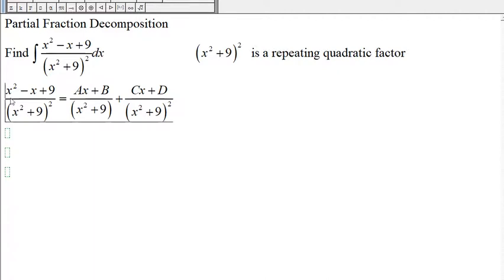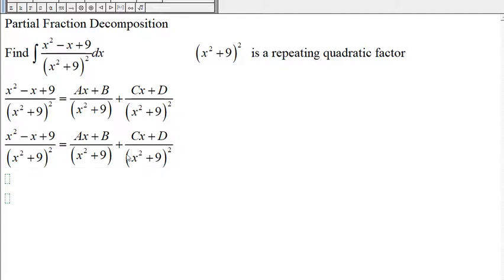And then to add, right here we can cross multiply.